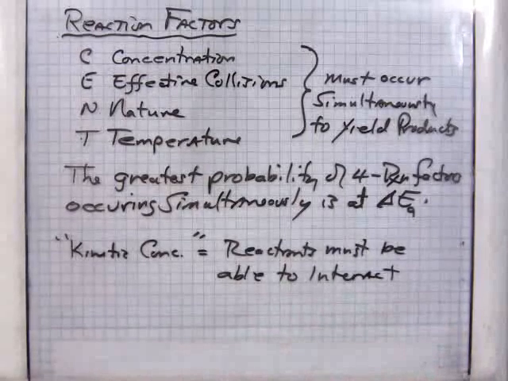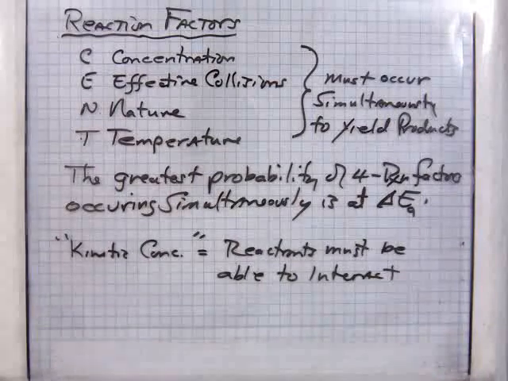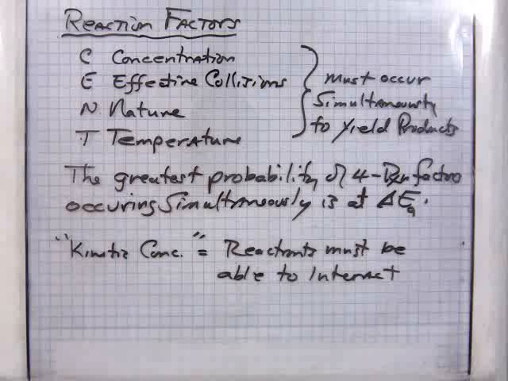For example, if this room had some A's and B's in it that were going to react to produce product, if I had an A in the back room corner and a B in the front room corner, then the probability of those finding one another is very low. But if I fill up the room with A's and B's, it'd be a little more effective in one finding the other and interacting. And that's what's called an effective kinetic concentration.